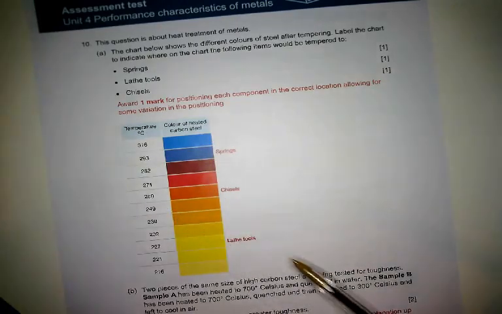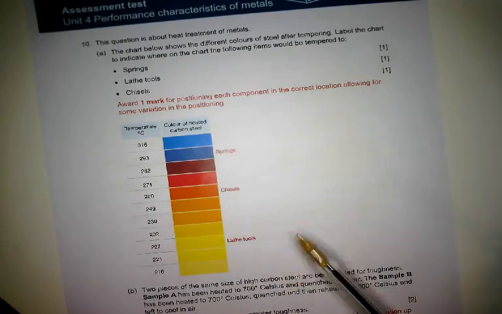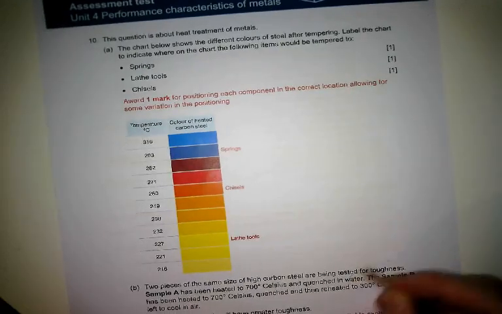Two pieces of the same size of high carbon steel are being tested for toughness. Sample A has been heated to 700 degrees Celsius and quenched in water. So we know that one straight away hardens. Heating up and quenching hardens it.